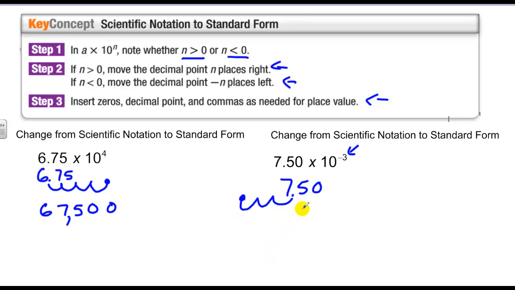And you'll notice once again, after I've moved one time, I run out of numbers, so I have to have two placeholders. So this is 0.00750, right? And we're going to keep the 0, add these two zeros. We don't have to drop it in this case.